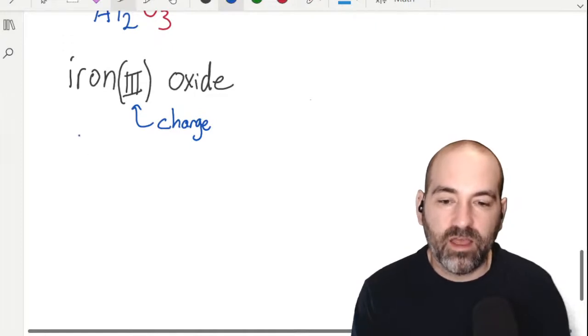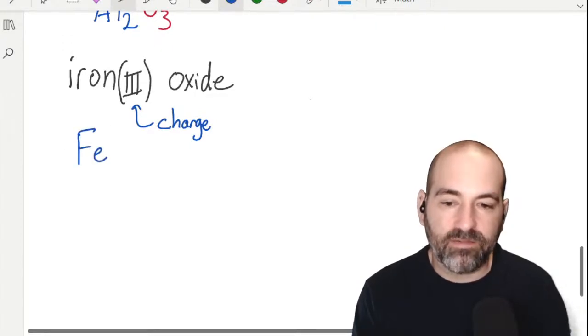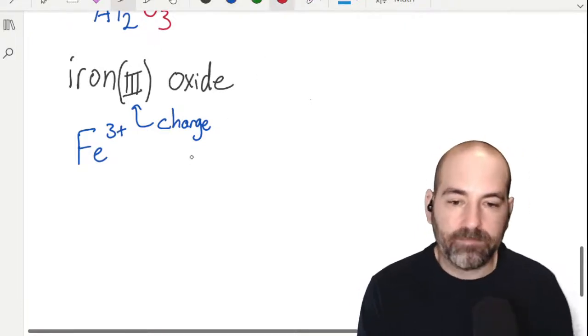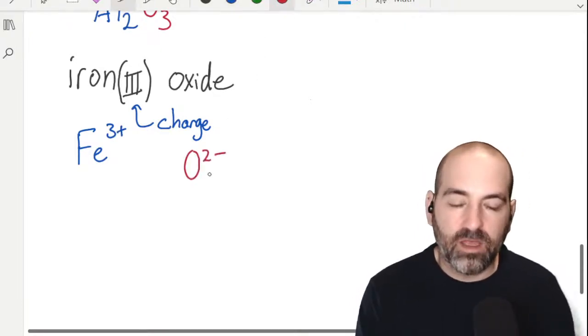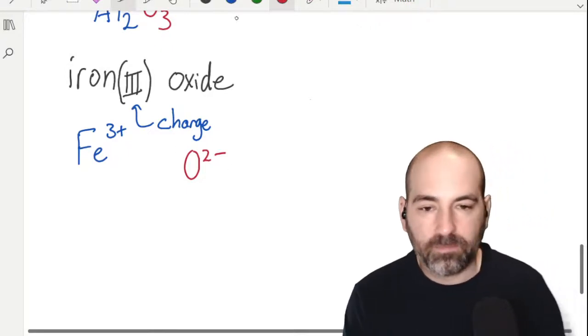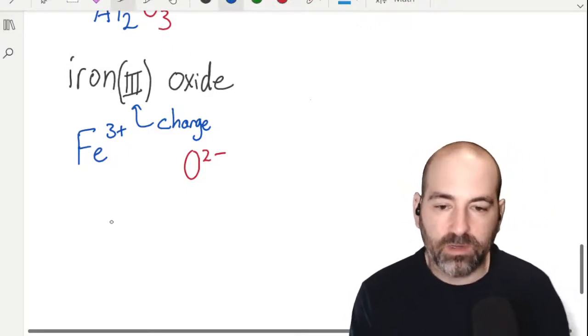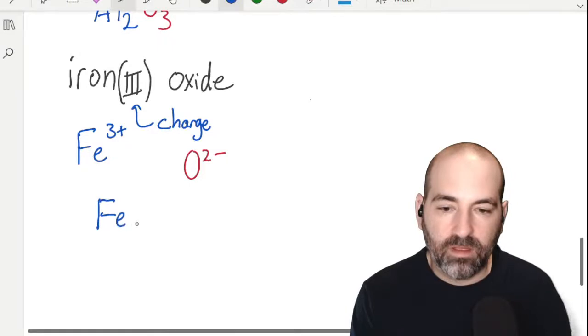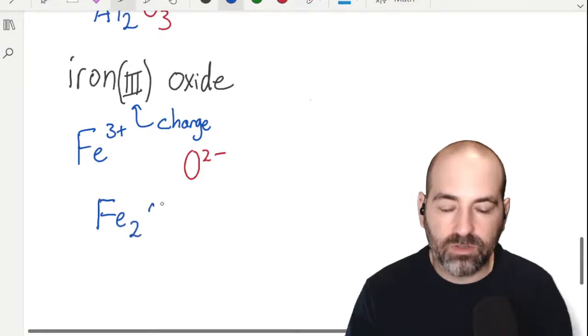So that tells us that the ion that we're dealing with here is Fe3+. And oxide is always the same. That's always O2-. So now when we put this together, our compound, just like with the aluminum one above, is going to be Fe2O3.